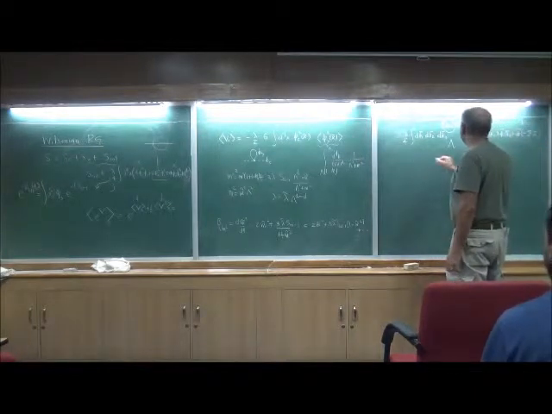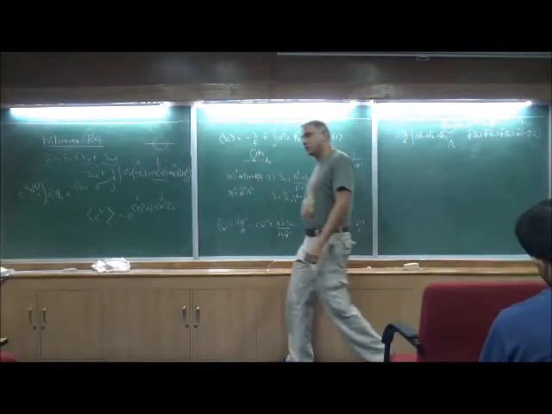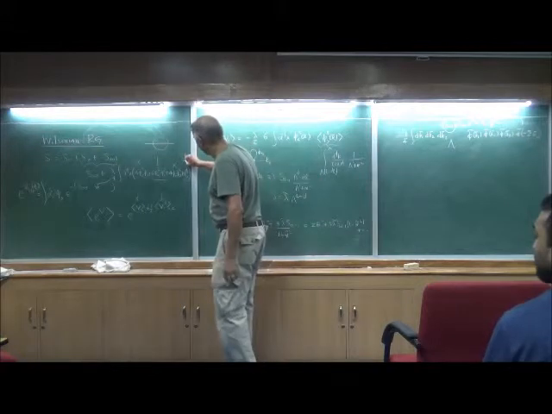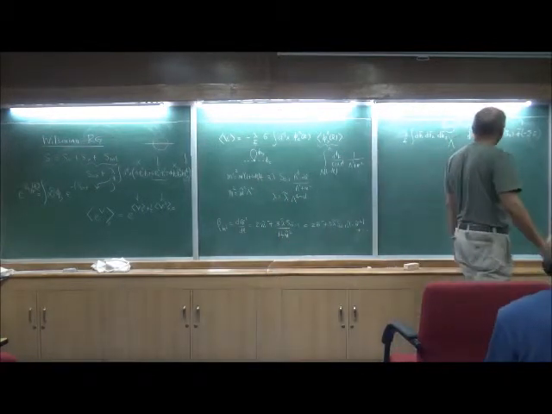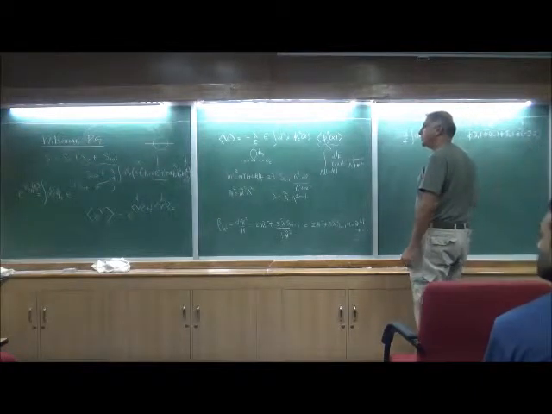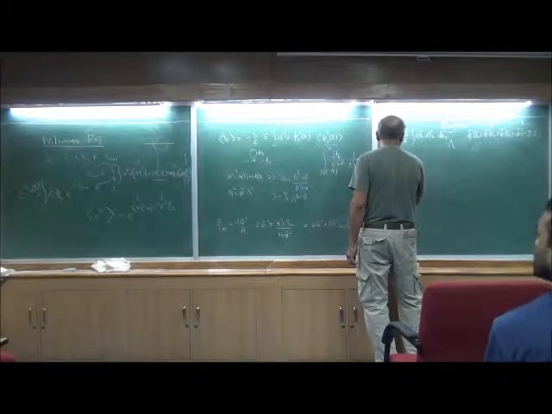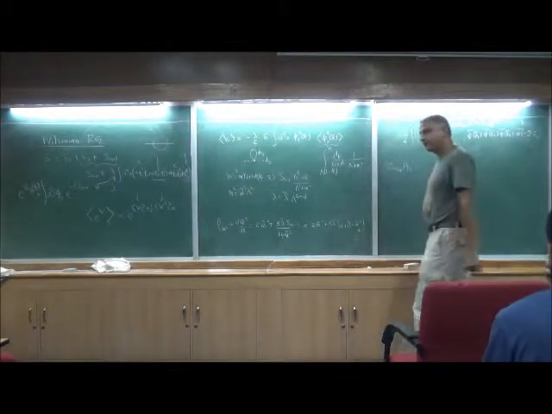Okay. So now we're going to look at this. All right? So we're going to look at the square. So let's take this term and that term and square them, and then we'll see what happens. Okay? So what do we have? We have delta S effective coming from this, and this is going to be some functional of phi less, right?